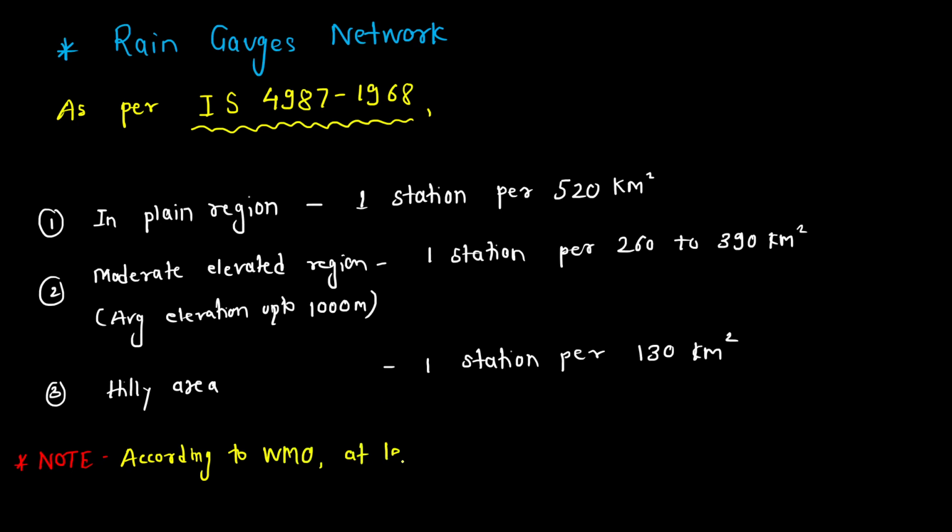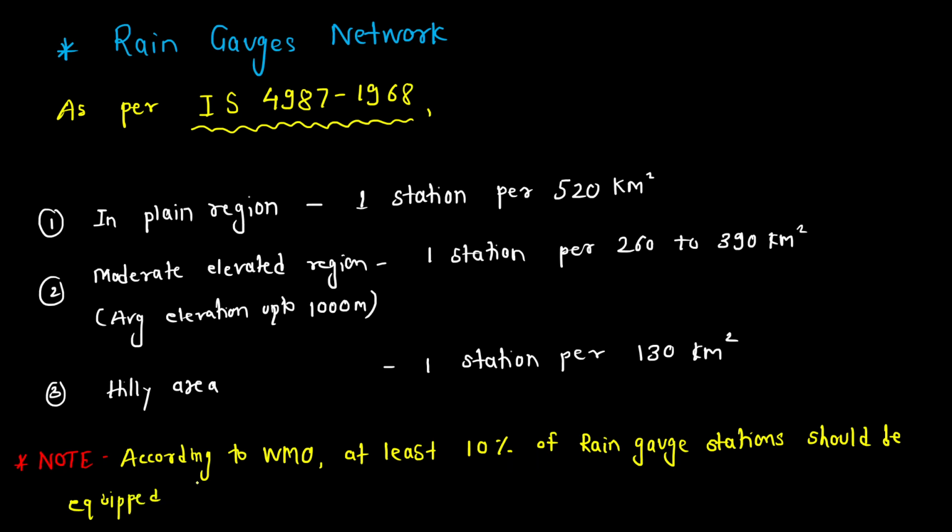At least 10% of rain gauge stations should be equipped with recording rain gauges.